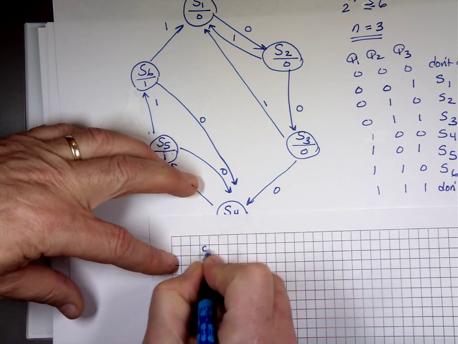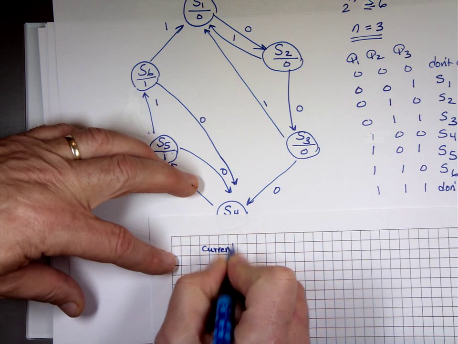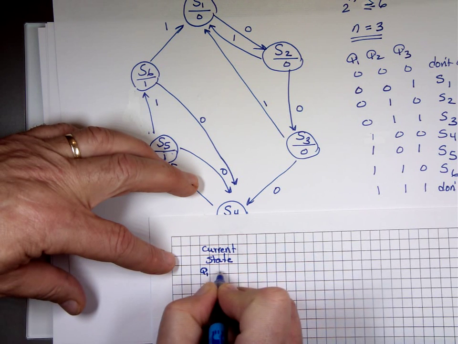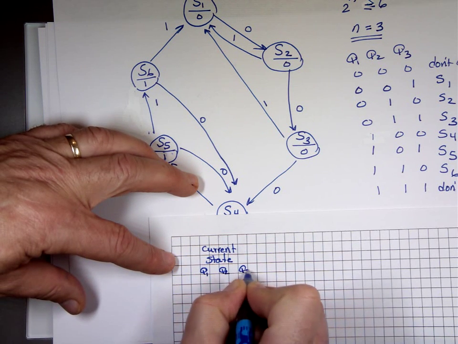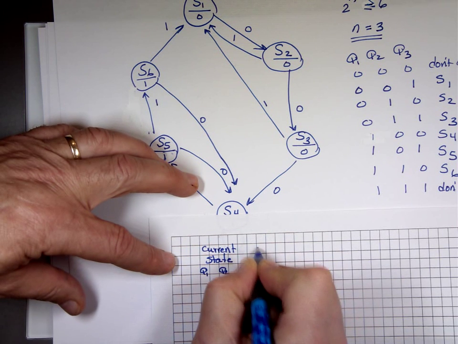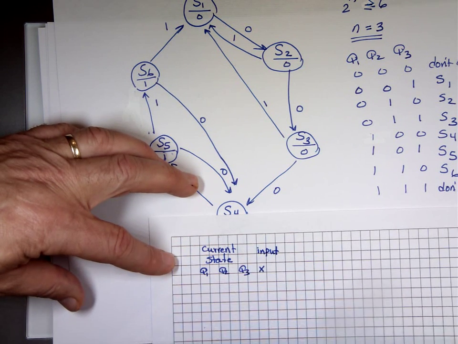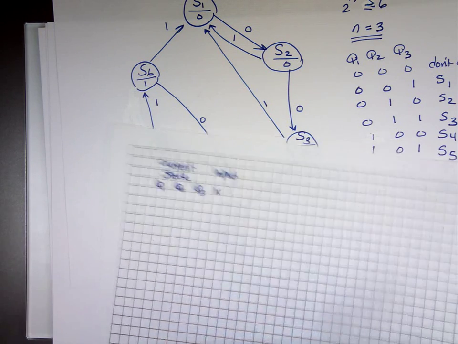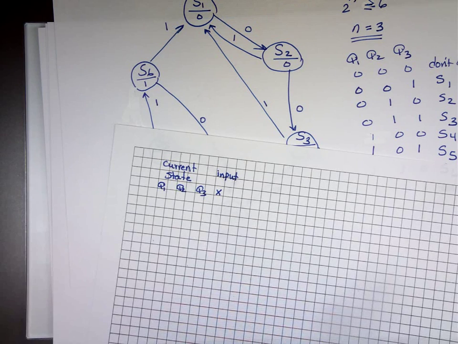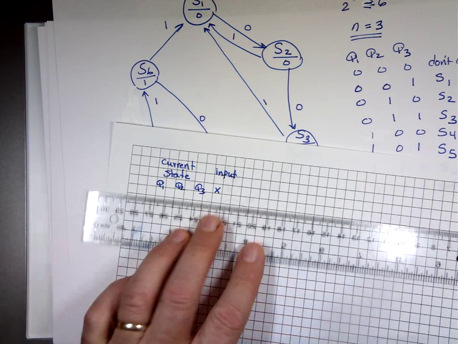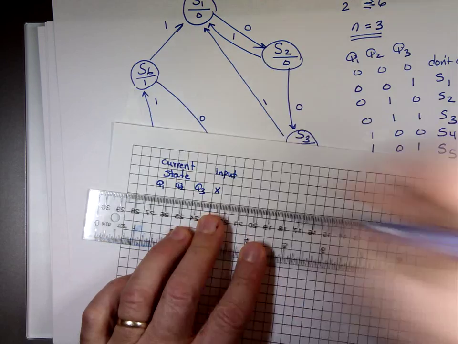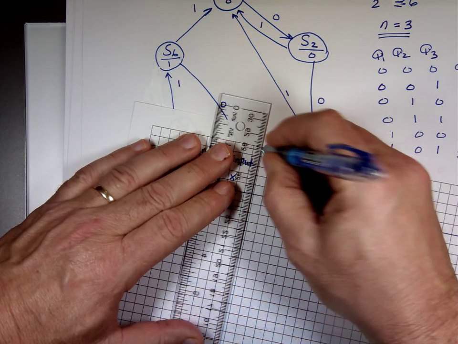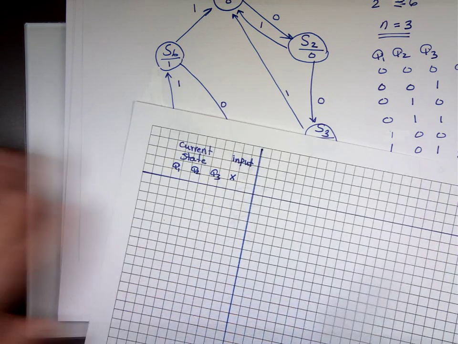That's the current state: Q1, Q2, Q3, my input, which is X. And let's list all the combinations.